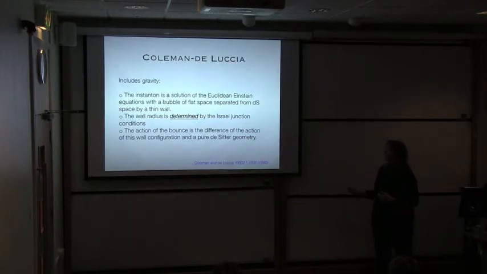And so you're looking for a bubble of flat space inside de Sitter space, separated by some thin wall which has some energy momentum. And the key difference between the Coleman calculation and the gravitational Coleman-Delizia calculation is that the wall radius is determined by your gravitational equations. They're called Israel junction conditions, but basically you do Einstein equations, your source is the wall, which is like a delta function, you've got a lambda outside, no lambda inside, you just solve the Einstein equations with this delta function.